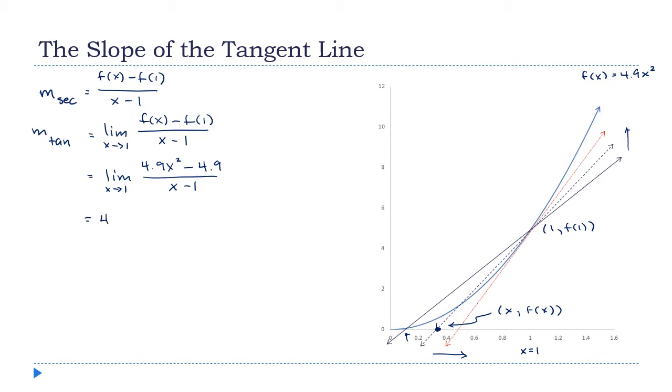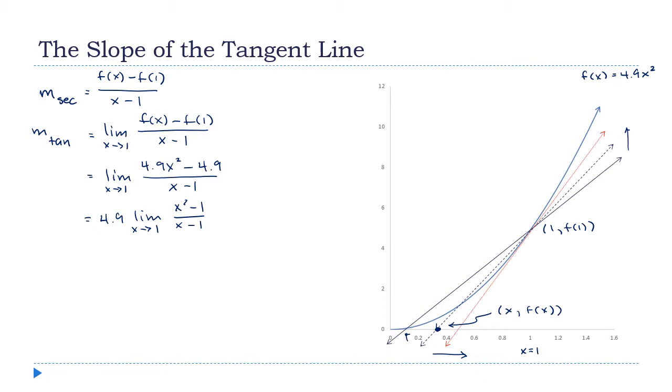So this is 4.9 times the limit as x approaches 1 of x squared minus 1 over x minus 1. Now, if you try to just put 1 in, which is a reasonable thing to do, this is the limit of a rational expression. If we just put 1 in there, we get 1 squared minus 1 over 1 minus 1, and that's 0 over 0.